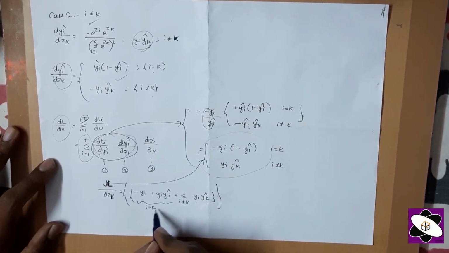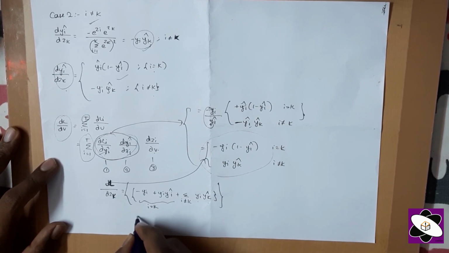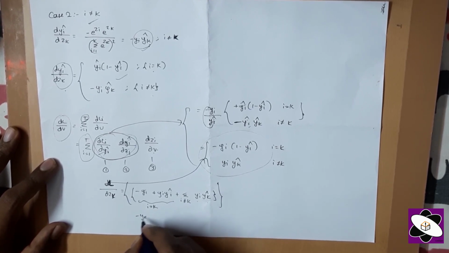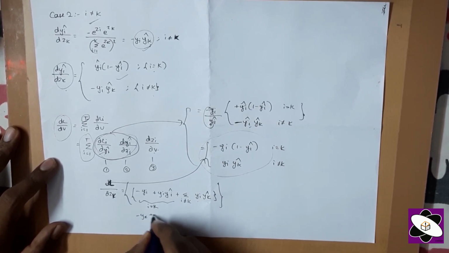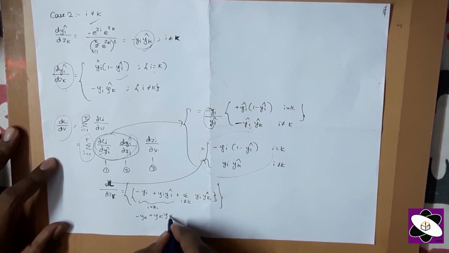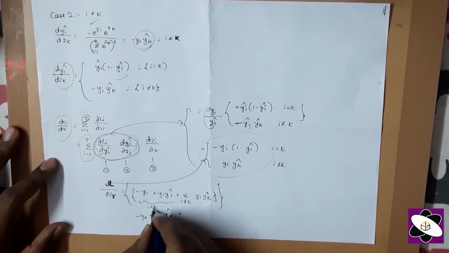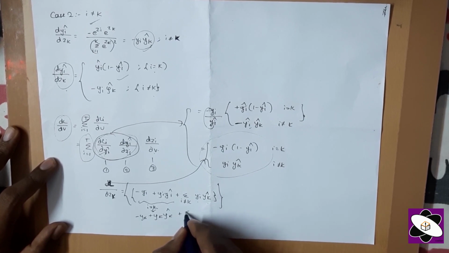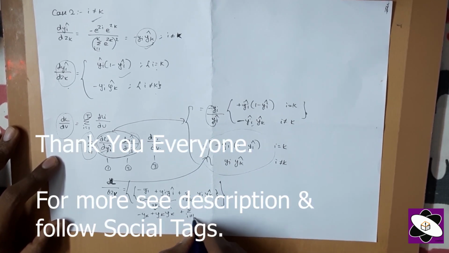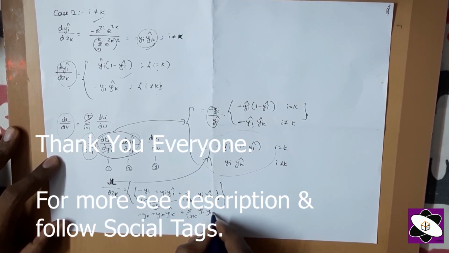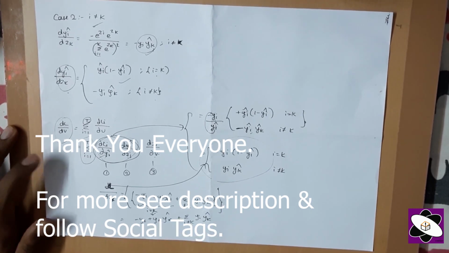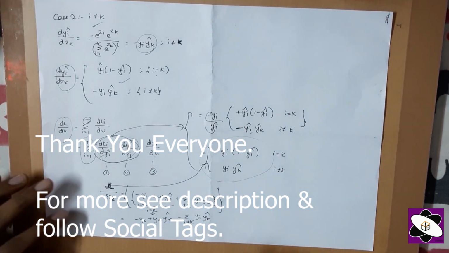So for i equal to k, we can write yi minus yk plus yk hat, plus for i not equal to k, yk hat. We can write something like this. Now we'll see the simplification of this.